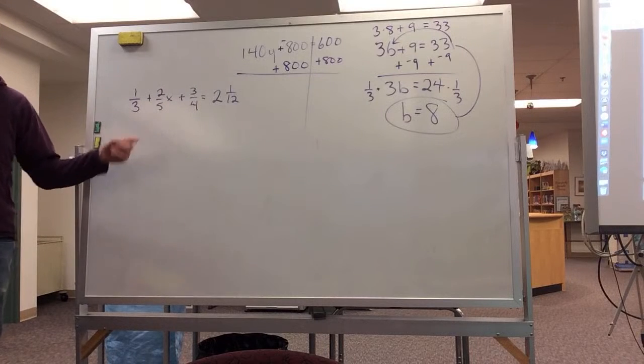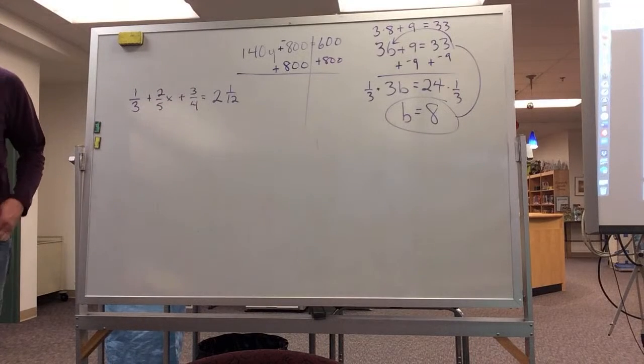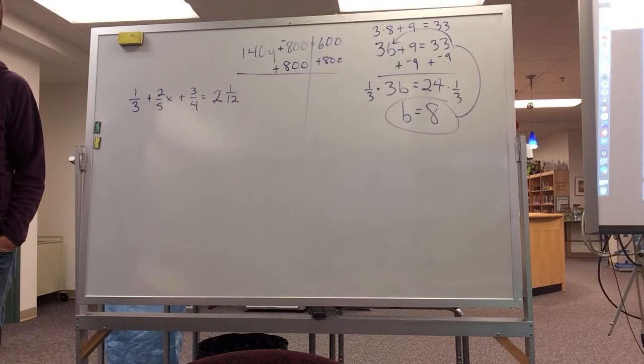So if you look at this and you get a common denominator out of it, what is the common denominator? I would say it was 20. I mean, not 20. I would say 12.